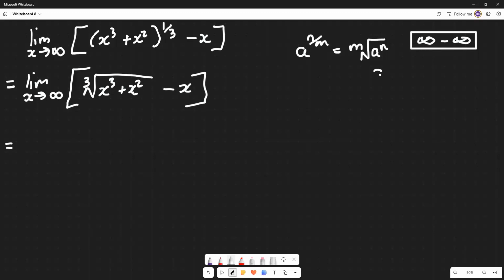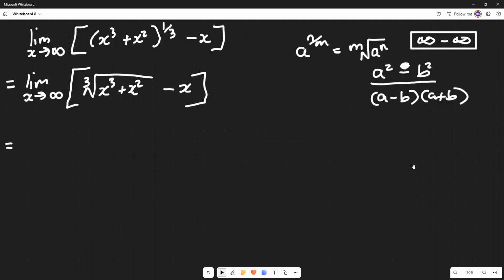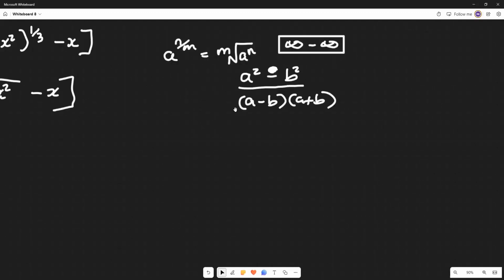Let's agree, if I have a squared minus b squared, I can use the difference of two squares to say (a minus b)(a plus b). You use this if you have square roots.